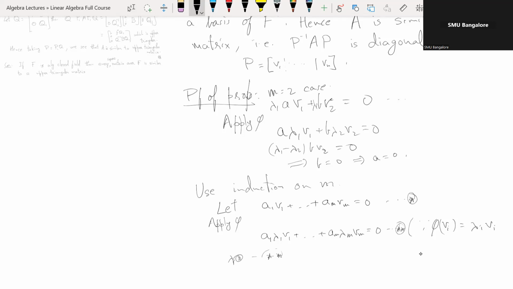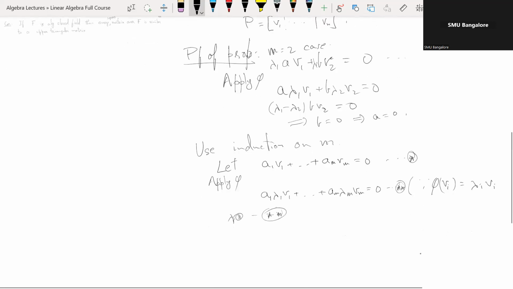If we calculate this, the first term will go away and we'll get the summation of (lambda 1 minus lambda i) times ai Vi.